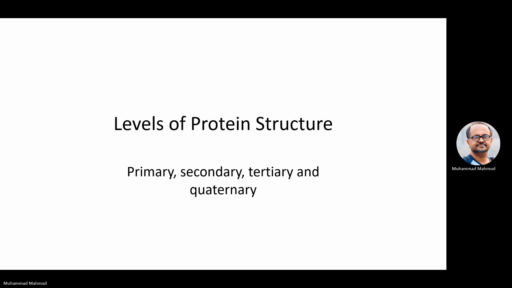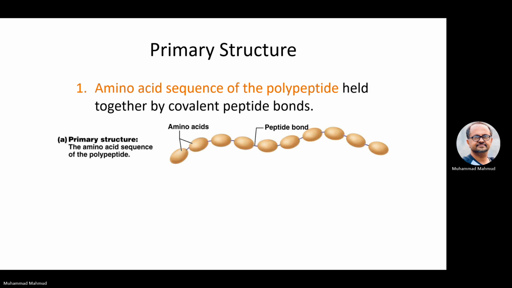With amino acids, when they combine together by dehydration synthesis, proteins are formed. But their levels are different: primary, secondary, tertiary, quaternary. Primary structure looks like this.